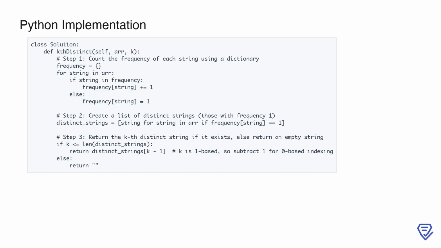This implementation is optimal for the given problem constraints and handles edge cases such as k being larger than the number of distinct strings, input arrays with no distinct strings, and small or empty input arrays. The code is concise, clear, and adheres to best practices for readability and efficiency.